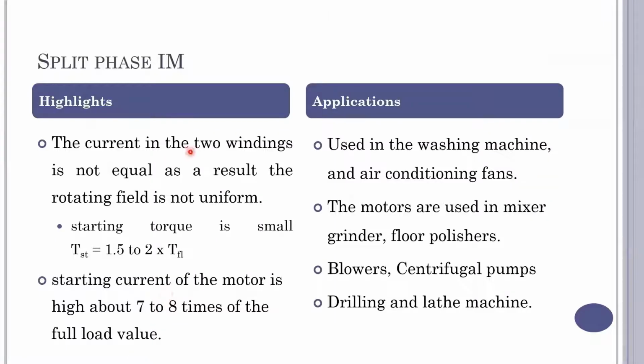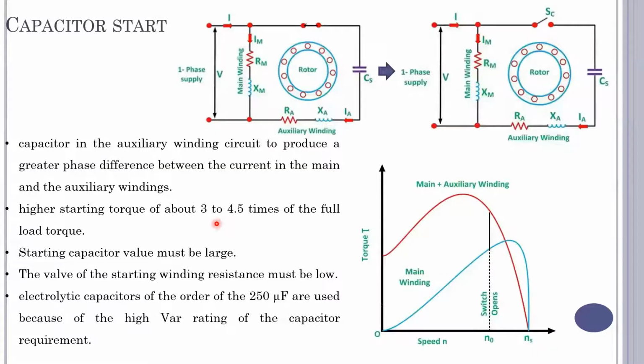And here we have two windings, and these two windings are not equal, and because of that we have a non-uniform rotating field. This split phase induction motor is used in washing machines, air conditioning fans, mixer grinders, floor polishers, blowers, centrifugal pumps, drilling, and in lathe machines.